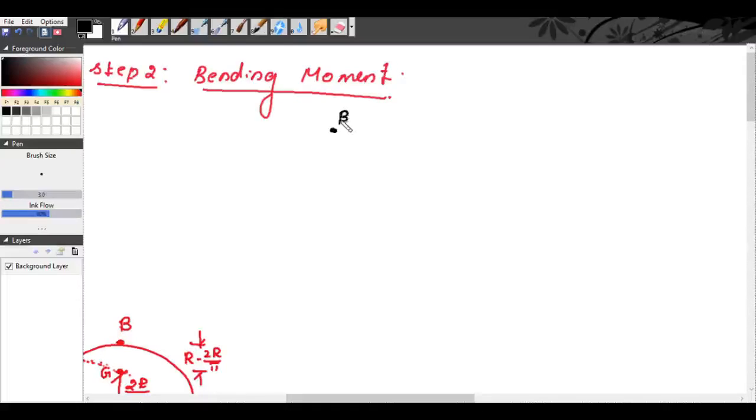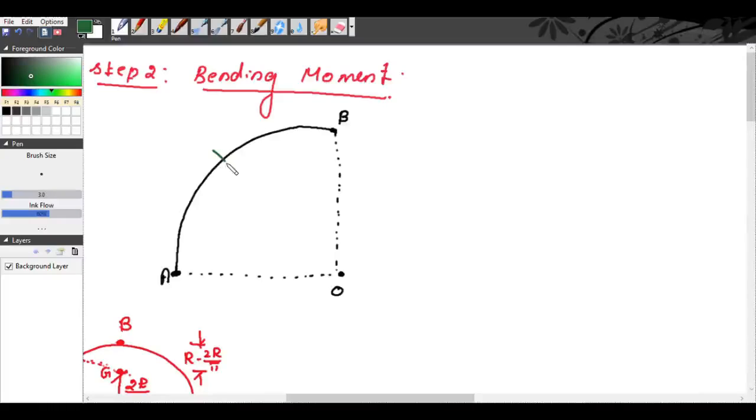So this is B. This is A. And this is O. Now take a section X. Consider a section X, and if you extend this X, it will make an angle of theta with OA.